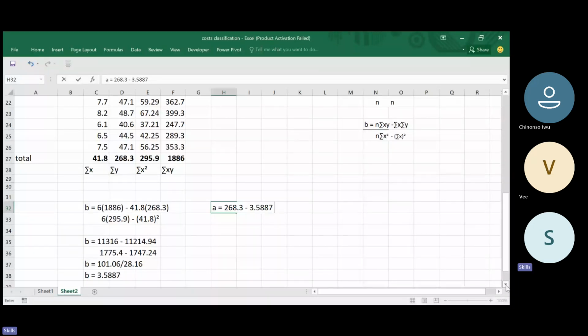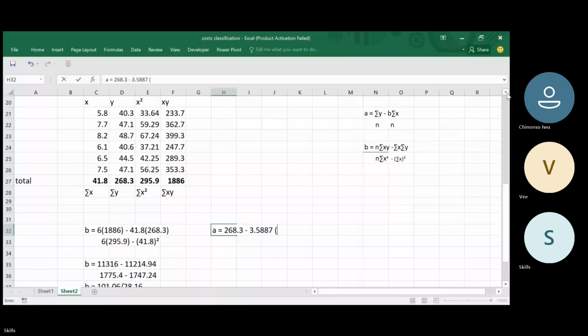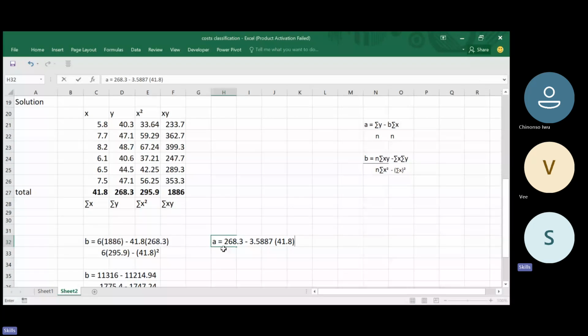Then open bracket, what is the value of summation X? Summation X is 41.8. Then all over N, which is 6. The same here, N, which is 6.